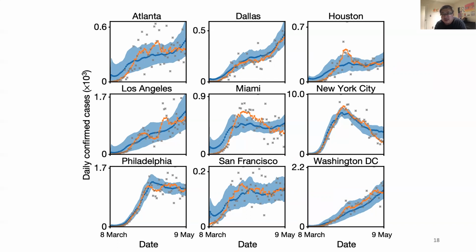As the number of reported cases tends to have great variability, they also show the smoothed weekly average, which is the orange line, and the shaded regions denote the 2.5 and 97.5 percentiles across the parameter sets and stochastic realizations. So we can see their model can perform pretty well by leveraging the mobility network.